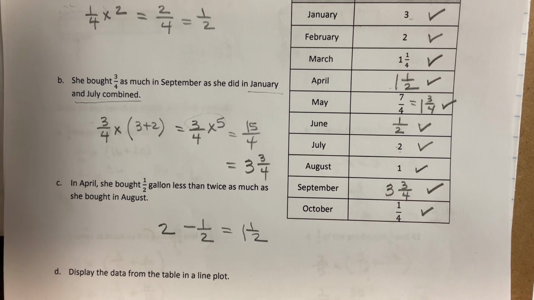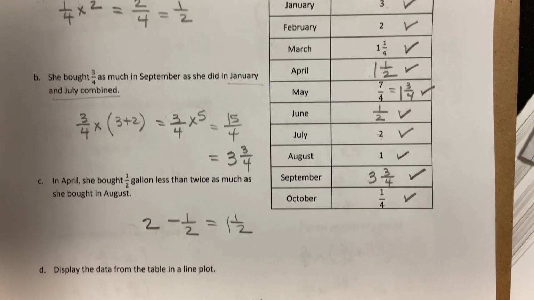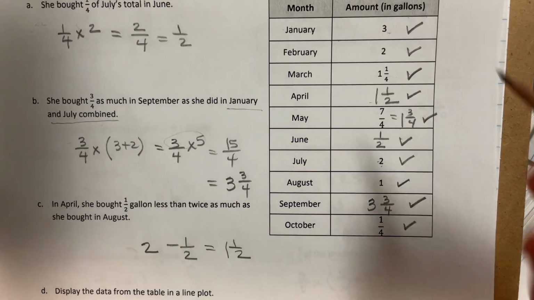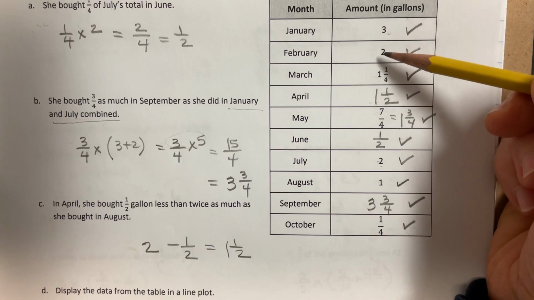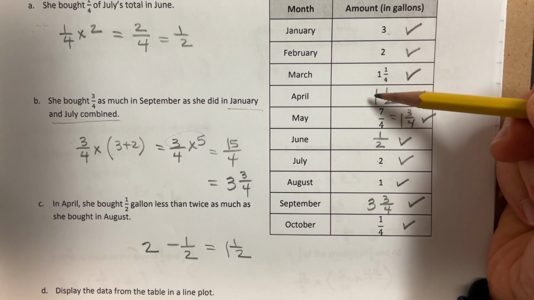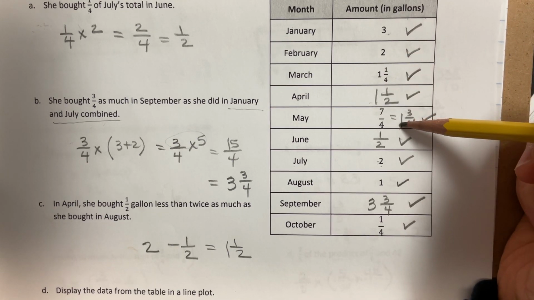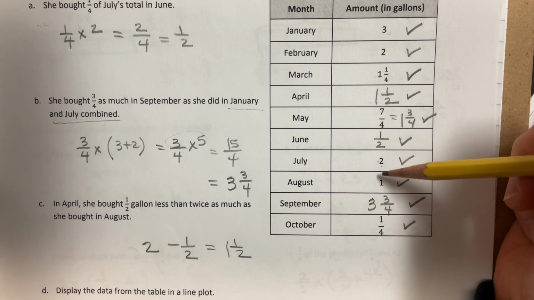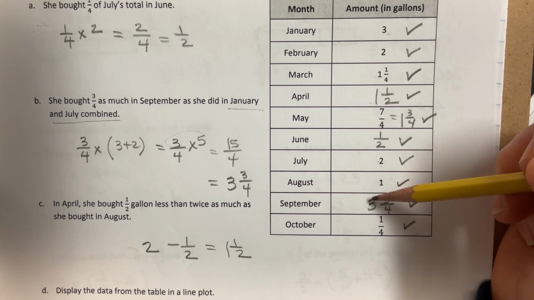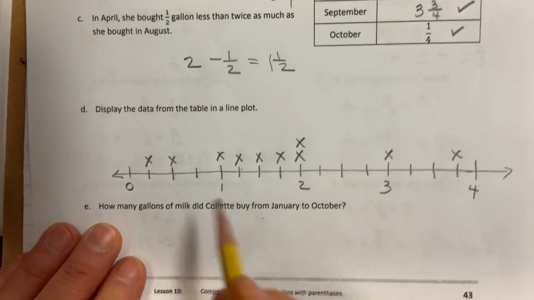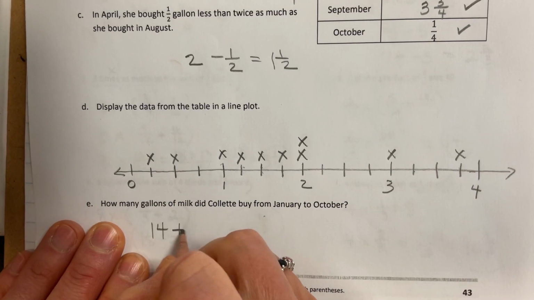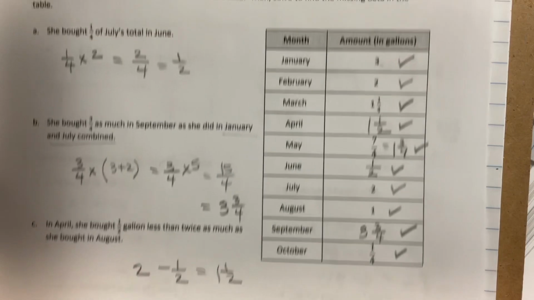Okay, well, here's my advice. I would go through and add all the whole numbers first, okay? So 3 and 2 is 5, 6, 7, 8, 9, 10, 11, plus 3 is 14. Okay, so 14 whole. So I'm going to write that down. Now I'm going to go through and look at my fractions.